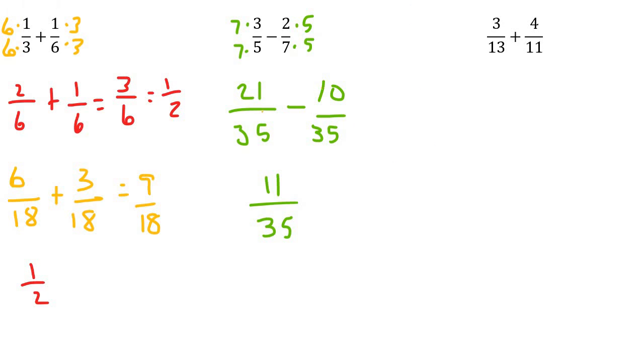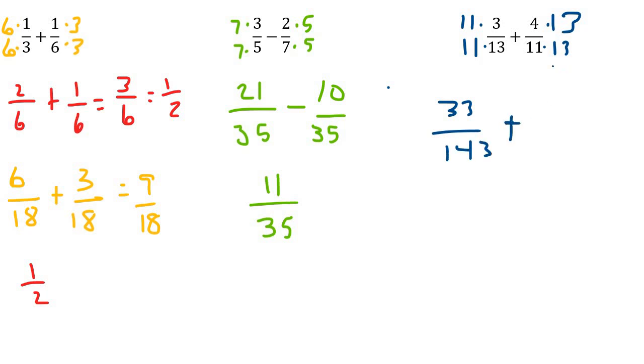And the last one here, we're going to have 3/13 plus 4 over 11. We're going to multiply the left fraction, top and bottom by 11, that's the other fraction's denominator, and then the right fraction, we're going to multiply the top and bottom by 13. 11 times 3 is 33. 11 times 13 is 143.